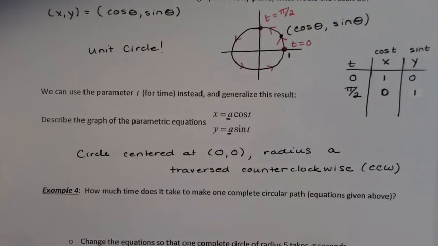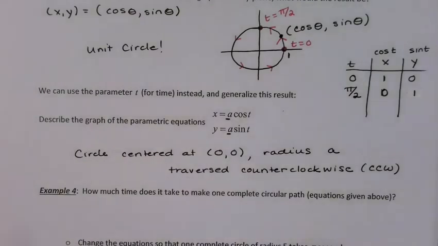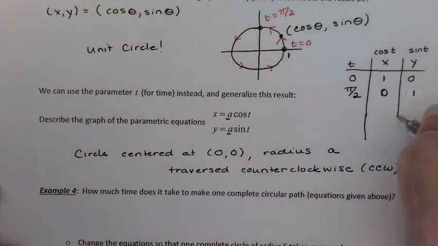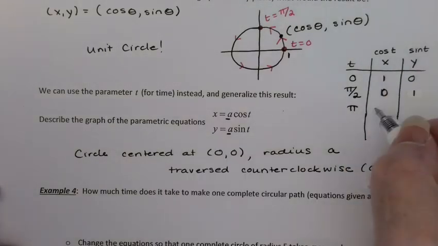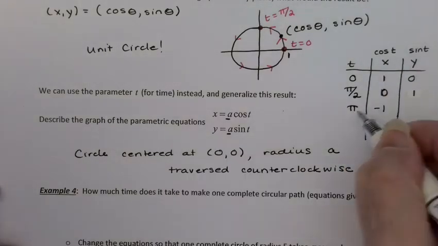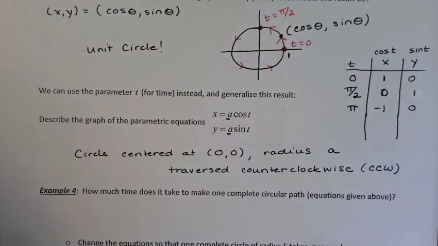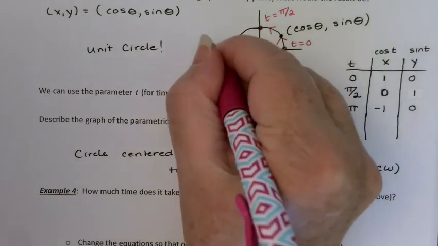All right, a few questions. How much time does it take to make one complete circular path using our equations as given? Well, I think you probably know what it takes to go around a circle, but let's just continue the table just as sort of a verification. If I went to pi, cosine of pi is -1. Sine of pi is 0. So here I am at t equals pi.